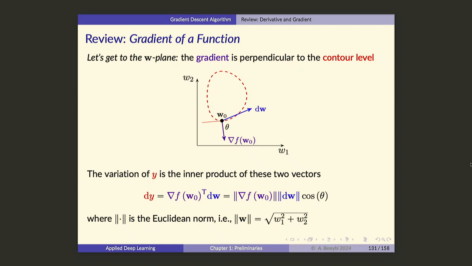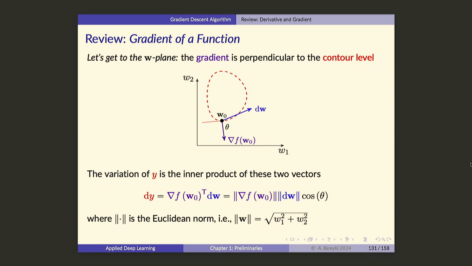So, sorry, I think it has been a bit confusing. So say I have this vector, say this is your dw. Yeah? So if you think of the 2-dimensional space, this is w1 and this is w2, right? And then this is w0, this is a vector still. So this is the first component of w0, so w01, and this guy is the second component, which is w02, right?